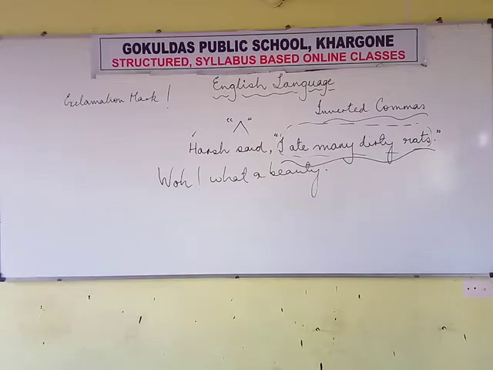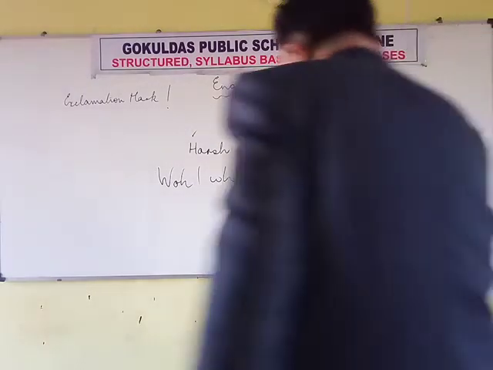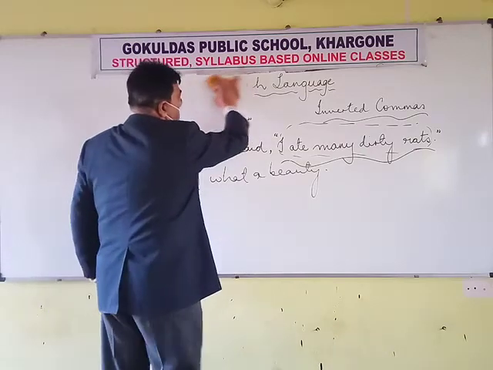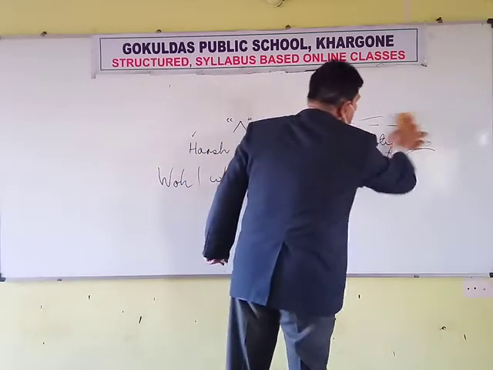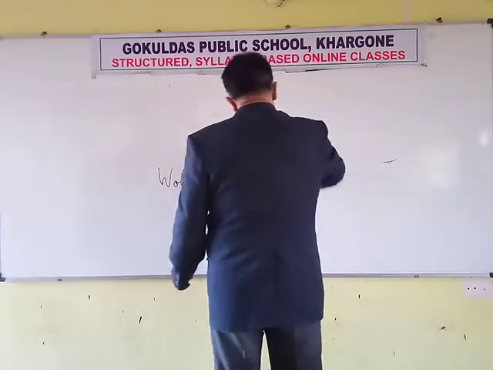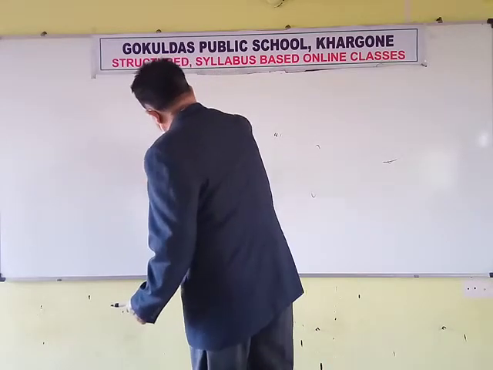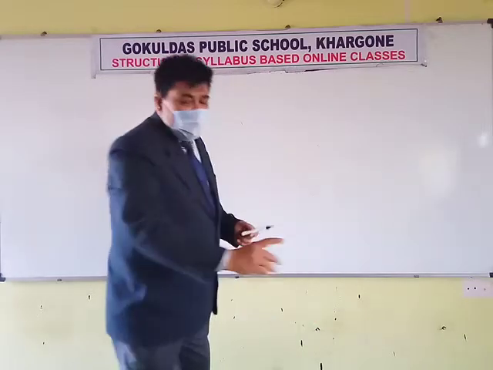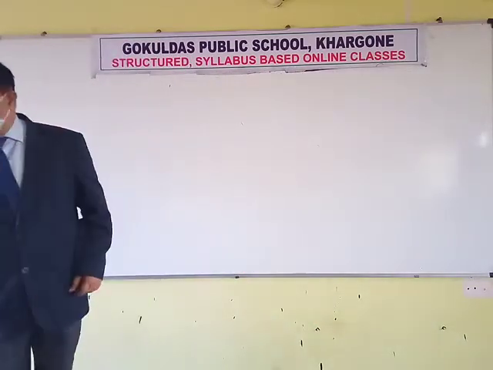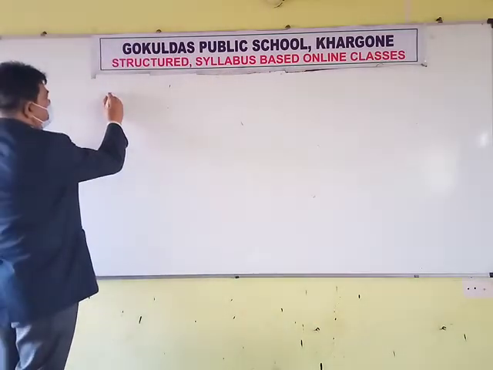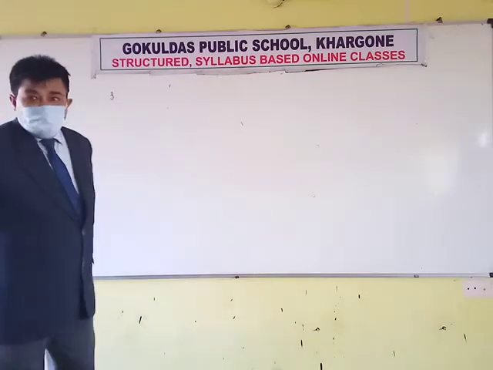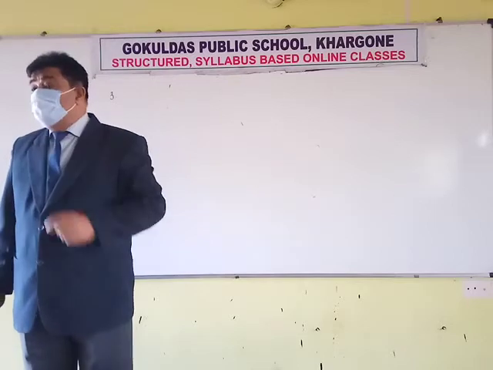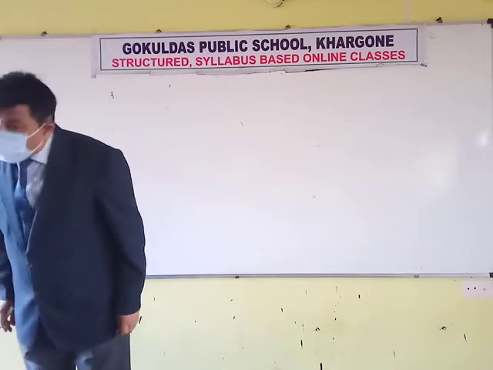Okay, so this was ingredient number 2. What is that ingredient? My sentence must be punctuated properly. I must put the right punctuation marks in the right place. Ingredient number 3. Very simple ingredient, but you make terrible mistakes in it.